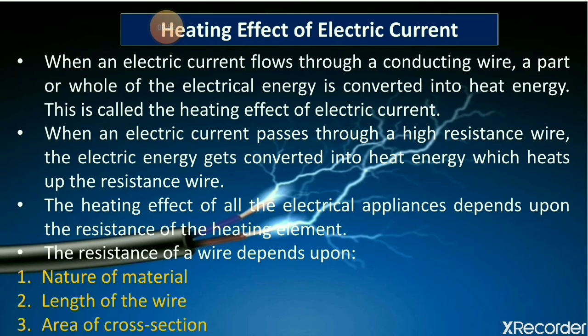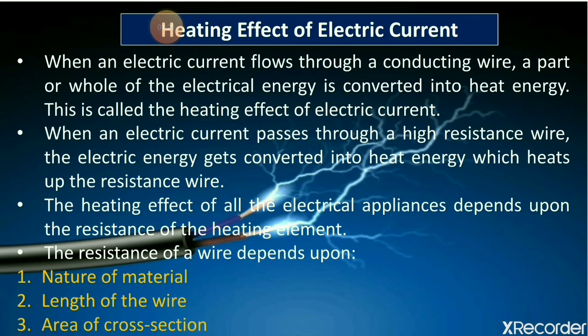When electric current is passed through a high resistance wire like nichrome wire, the resistance wire becomes hot and produces heat. Why? Because it is not allowing the electric current to flow through it. So when the electric current cannot pass from one end to the other completely, most of the electric current is getting wasted. So how is it wasted?